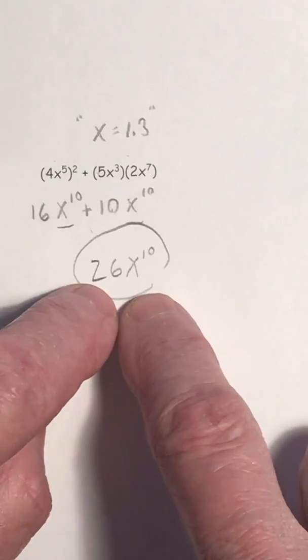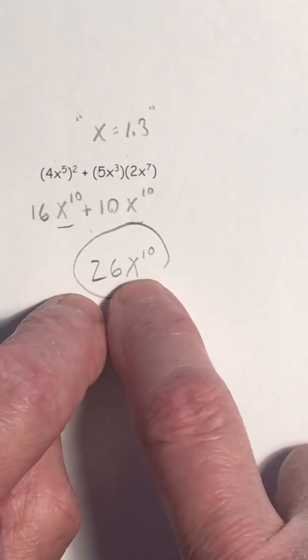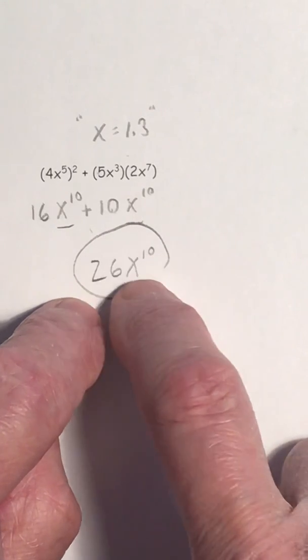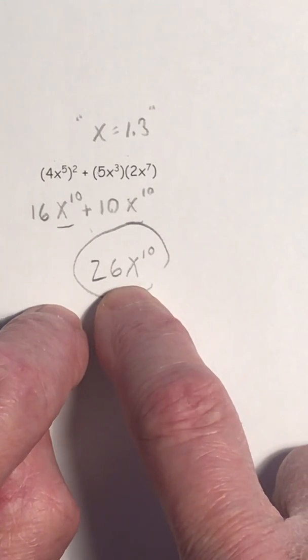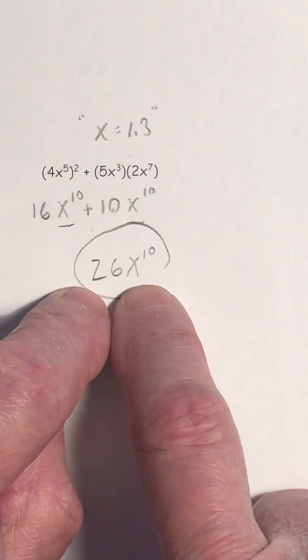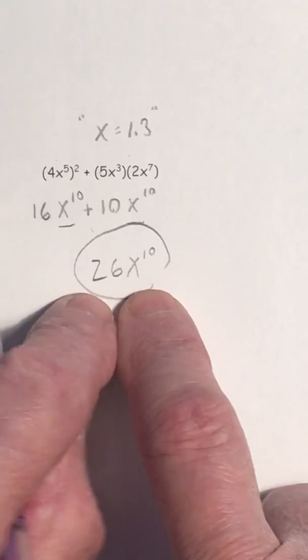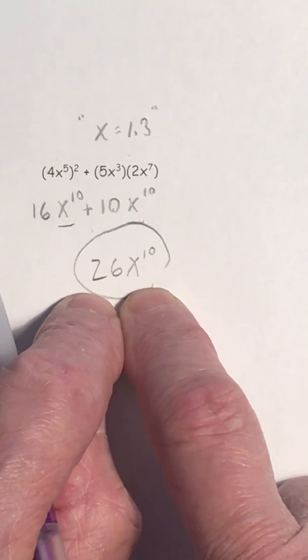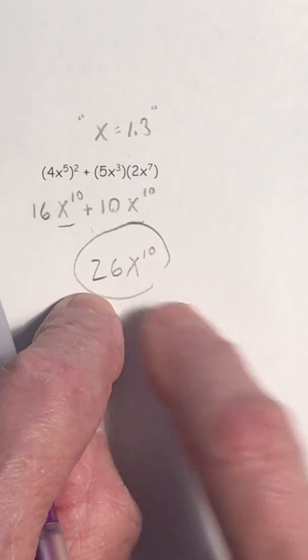Knowing how to simplify it, there's only 2 steps to do now. Take that 1.3 to the 10th power and then multiply it by 26. So this is a matter of efficiency as much as anything. This is doing a little bit of work now to save yourself a lot of work in the future.